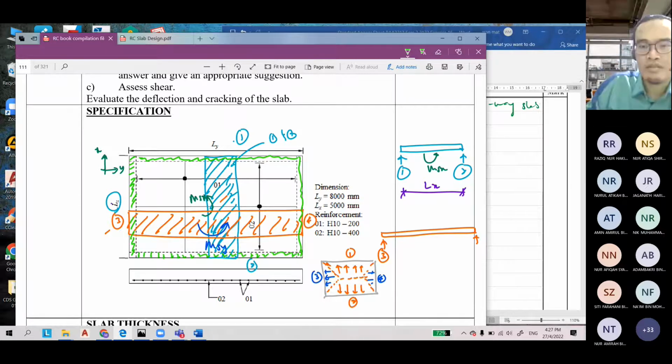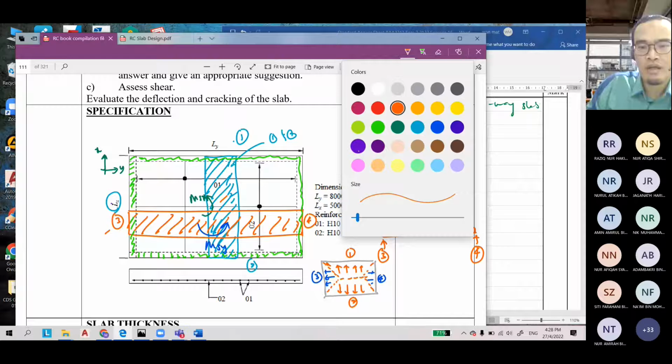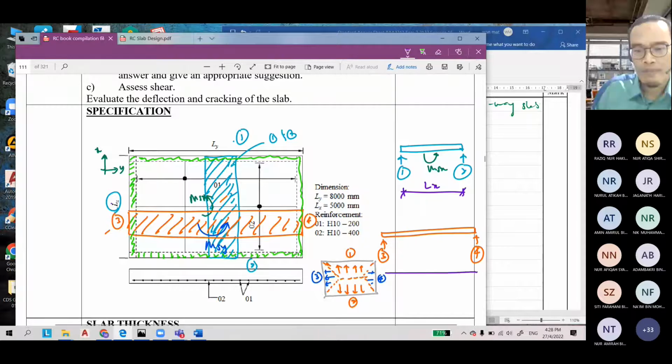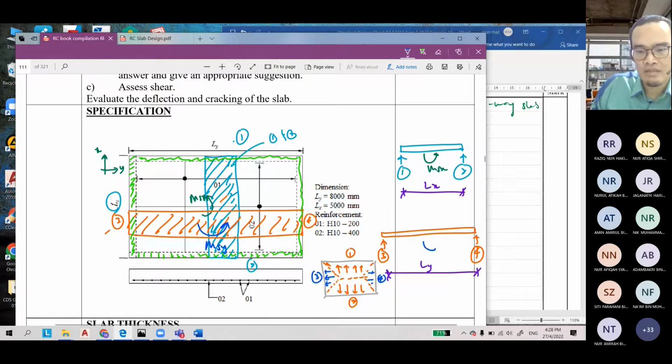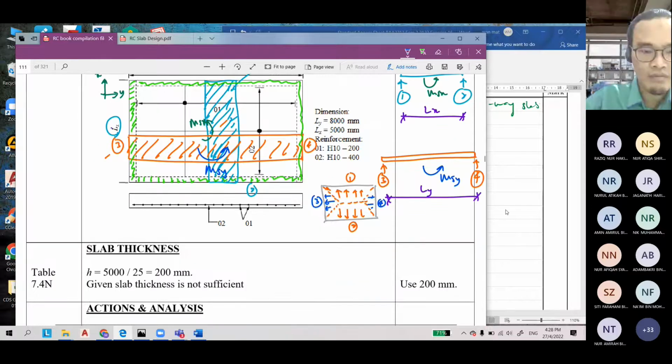It is supported by beam number 3 and number 4, and the length is Ly. Here you extract out, then the bending moment is like this one. This is M SY. That's why you can see here you have 2 reinforcements, 01 and 02.